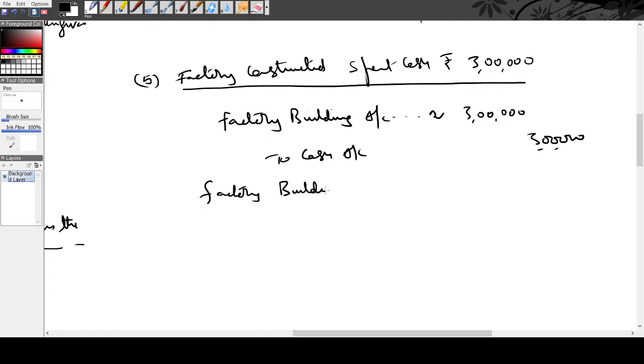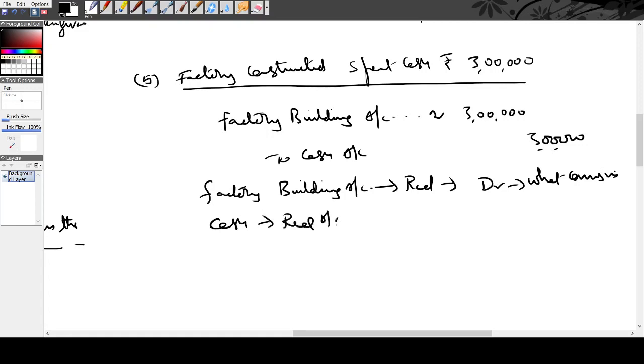Factory building account is real account, debit what comes in, cash is again a real account, credit what goes out. So this is the logic.